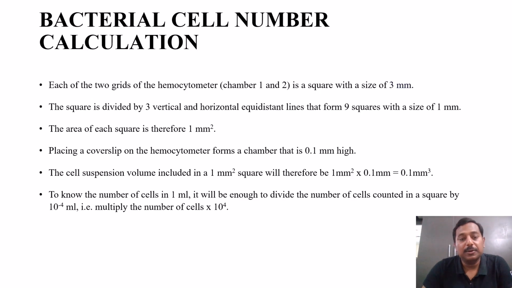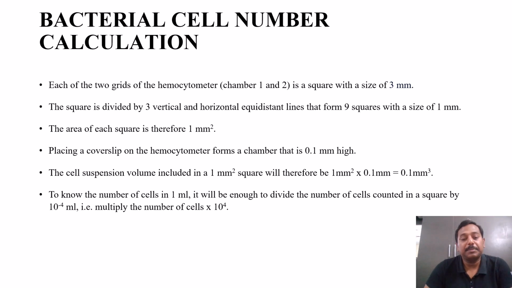Now let's take a look at the bacterial cell number calculation. Each of the two grids of the hemocytometer, chamber 1 and chamber 2, is a square with a size of 3 millimeter. The square is divided by 3 vertical and horizontal equidistant lines that form 9 squares with a size of 1 millimeter. The area of each square is therefore 1 millimeter squared. Placing a cover slip on the hemocytometer forms a chamber that is 0.1 millimeter high.